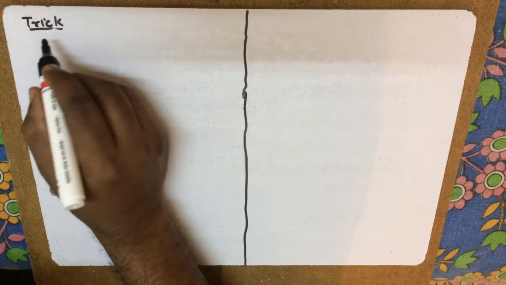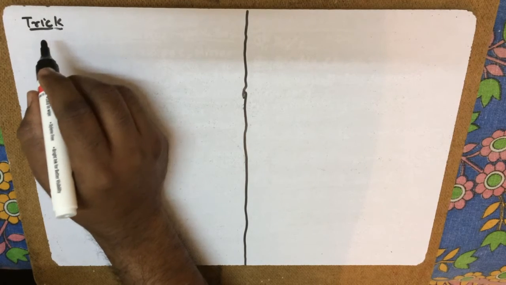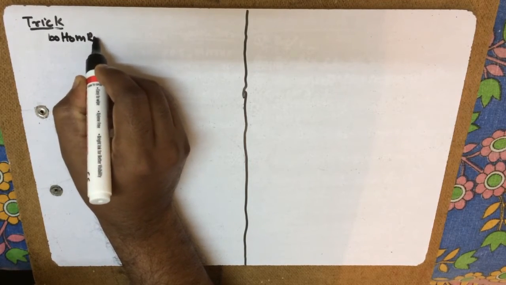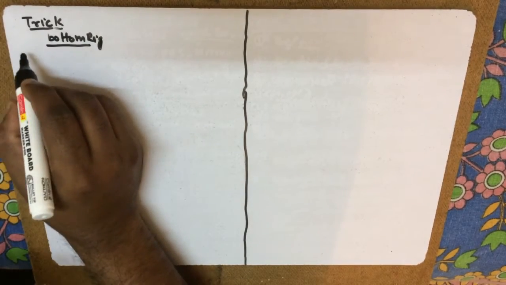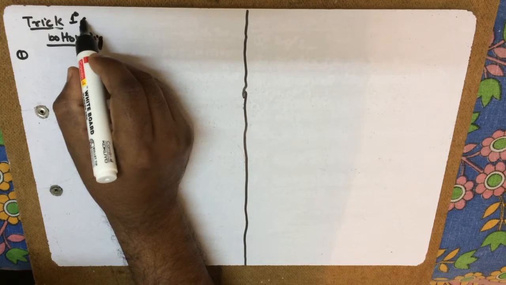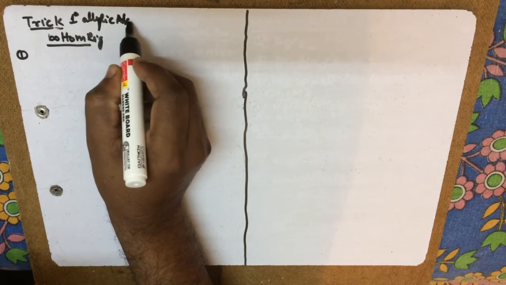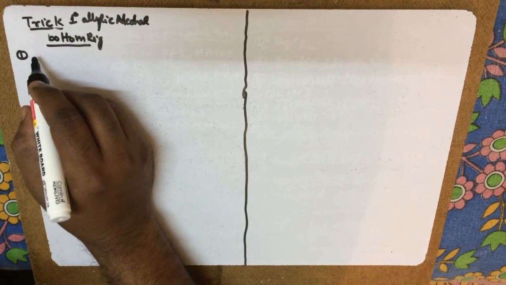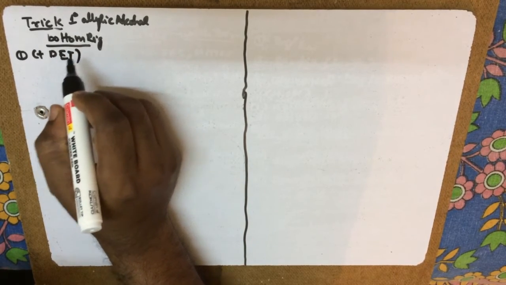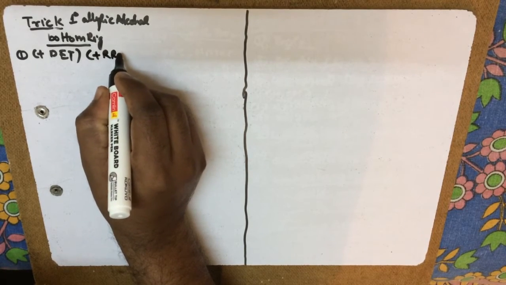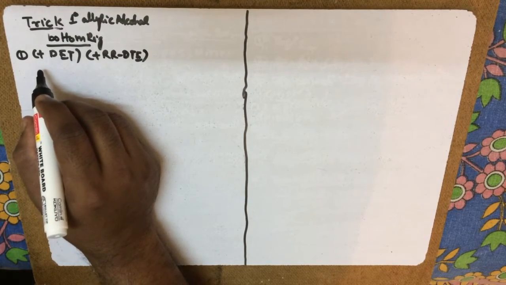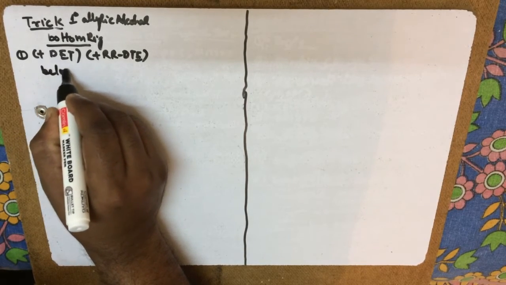If your primary allylic alcohol is at the bottom right, as well as the reaction condition is plus DET, that is RR DET, then your epoxidation will be below the plane.